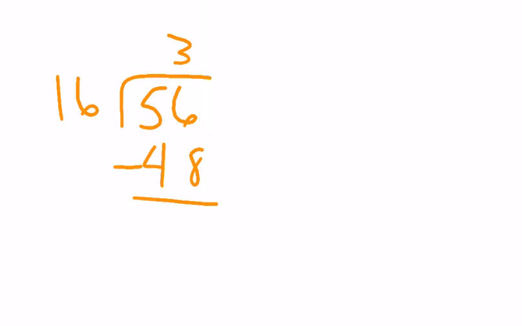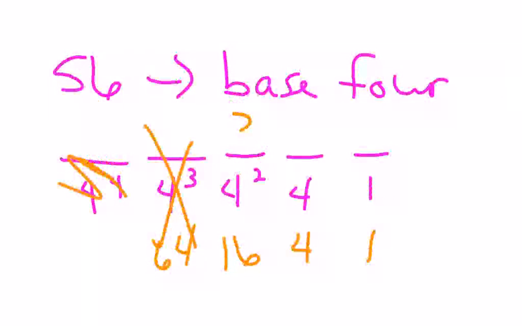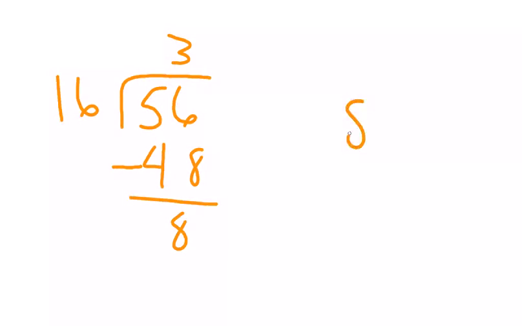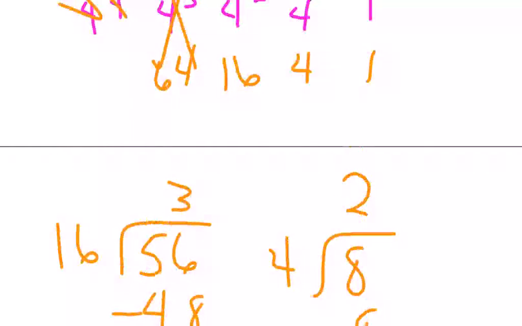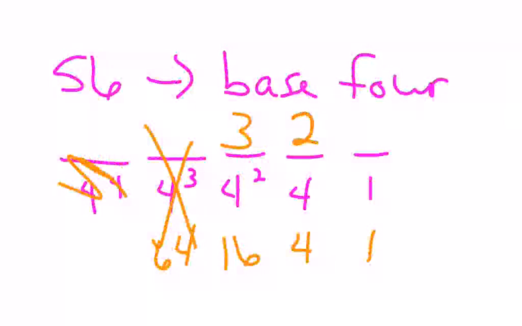And then subtract 56 minus 48 is 8. So our first digit is a 3. The next place value is 4. So now we have 8 divided by 4, goes in twice, and there's nothing left over. So there's a 2, so 1 goes into 0 0 times. So our number is 320 base 4.